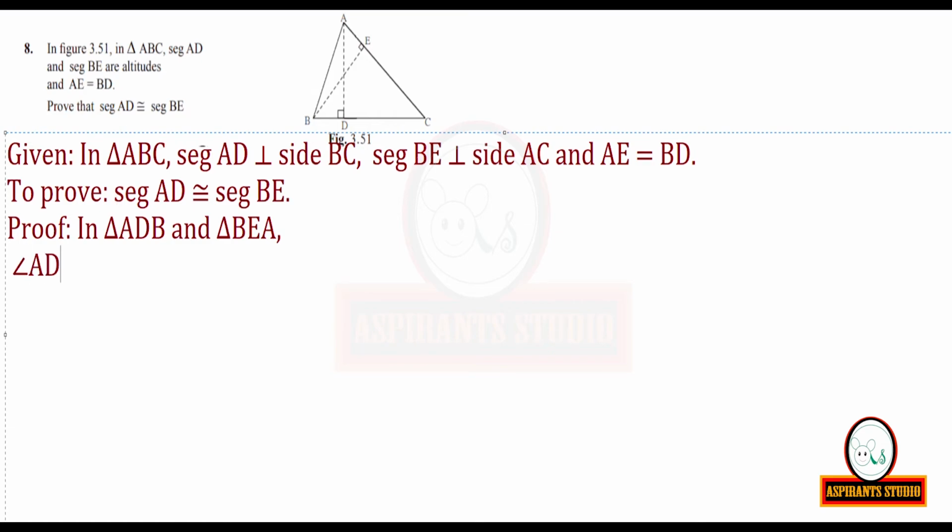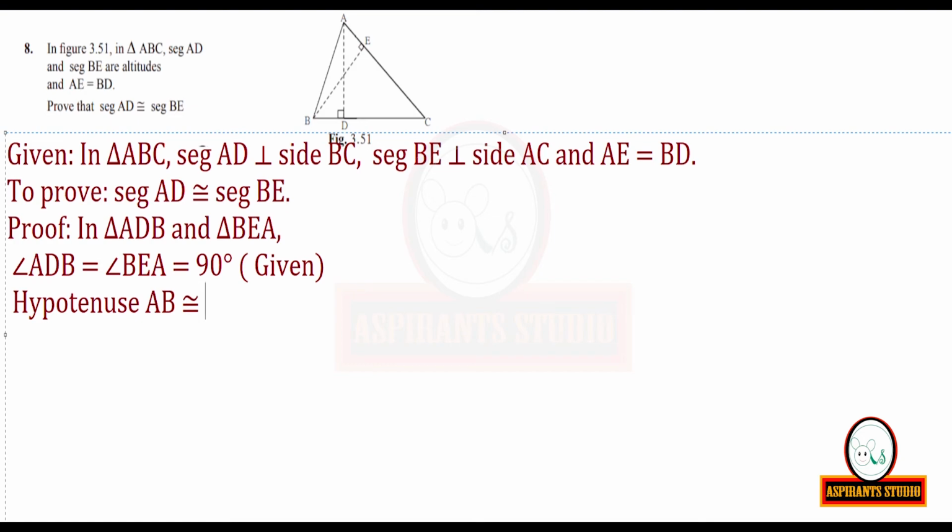Therefore, these two triangles are right angle triangles, because measure of angle ADB is equal to 90 degrees, also measure of angle BEA is equal to 90 degrees. It is given. So, triangle ADB and triangle BEA are right angle triangles. So, we have the hypotenuse opposite to the right angles. So, hypotenuse AB.